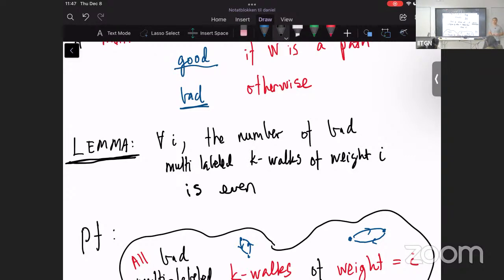In particular, notice that as a consequence, if there exists a k-path, and the minimum weight multi-labeled k-path is unique, then for that weight, the number of multi-labeled walks will be odd. And if there doesn't exist a k-path, then for every weight, the number of multi-labeled k-walks will be even.